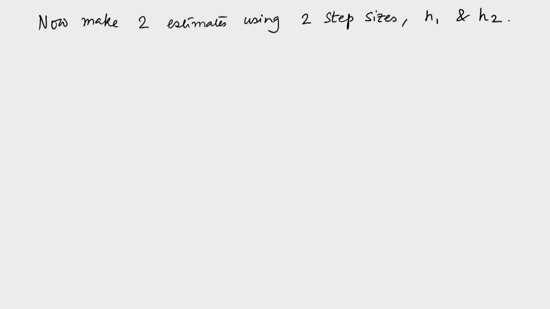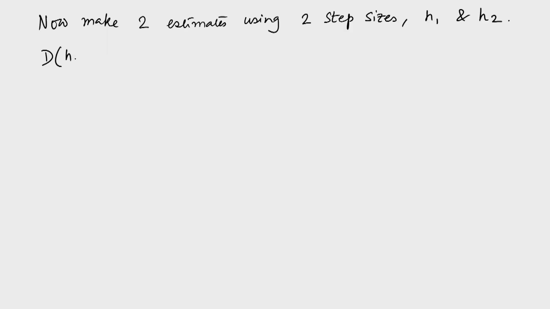In principle, h1 and h2 could be independent, but we will see that we get a particularly simple formula if h1 and h2 have a relationship between them. So, we will have d h1 plus E h1, that is the error associated with h1, or rather this is the exact value of the derivative for the choice of h1, is the same as d h2 plus E h2.